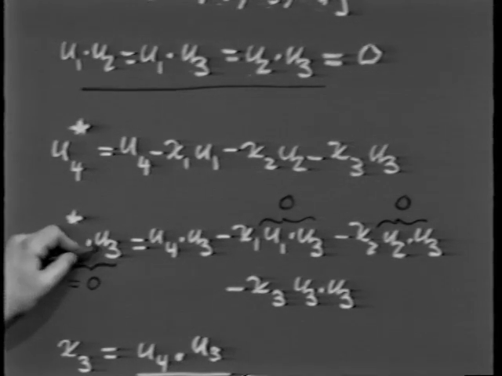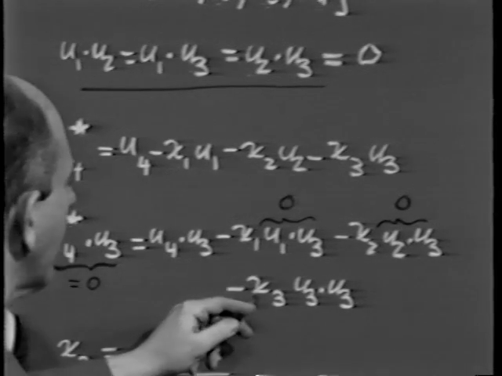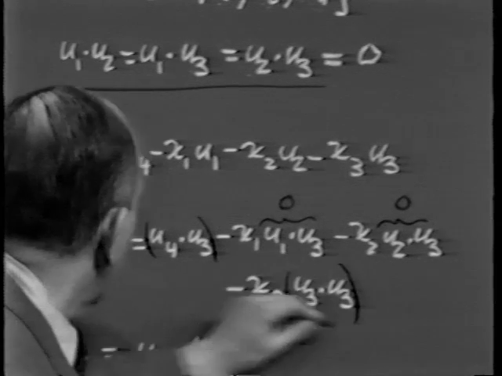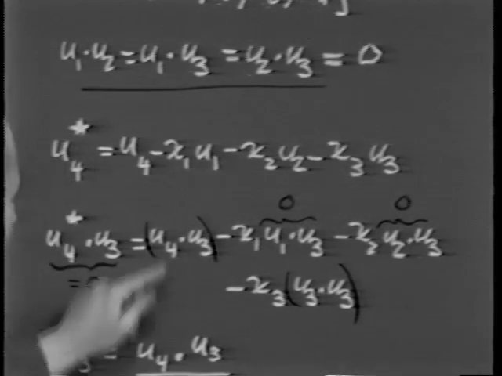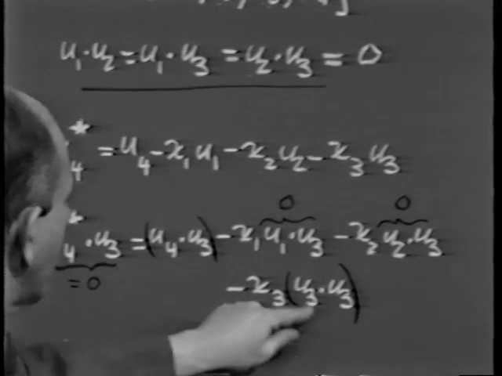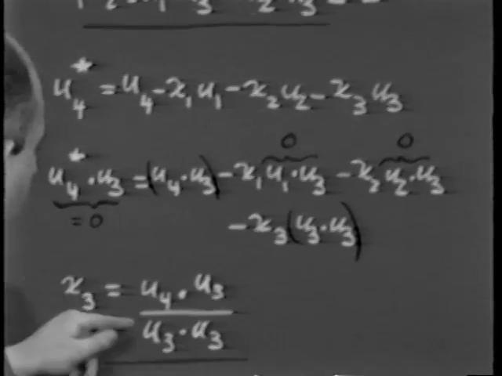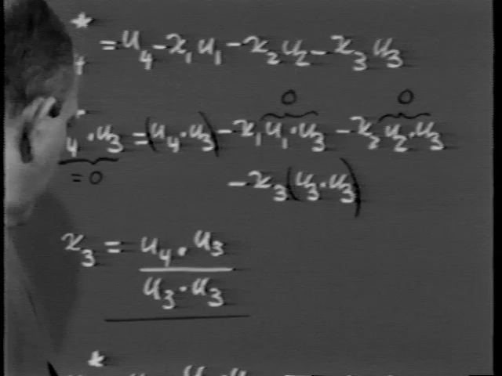Consequently, u4 star·u3 is u4·u3 minus x3 u3·u3. Remember, these are numbers. I would like u4 star·u3 to be 0, so all I have to do now is solve this algebraic equation for x3, and notice that x3 simply turns out to be u4·u3 over u3·u3.